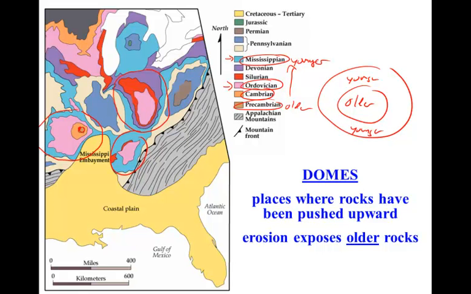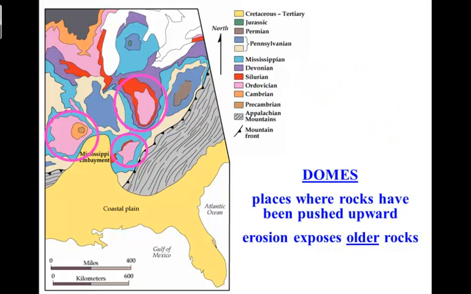We have older Ordovician rock surrounded by younger Silurian and Devonian rock. Again, we have identified 3 domes in the map area, places where we've had uplift across a broad area, and then as erosion wears away at that uplift, we find progressively older rock exposed in the middle of the structure, surrounded by younger rock.